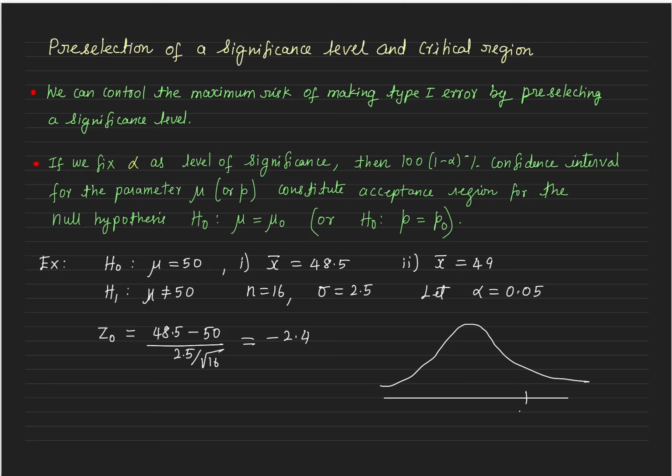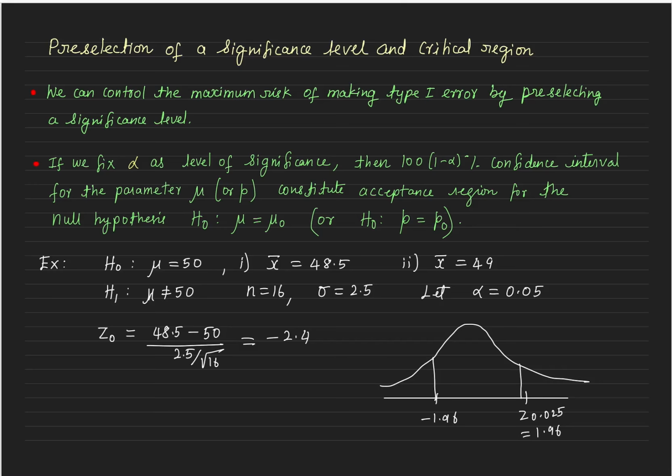If this is z alpha by 2, that is z 0.025, its value is 1.96. And this is minus z 0.025, and its value is minus 1.96. Okay, and this is the acceptance region.